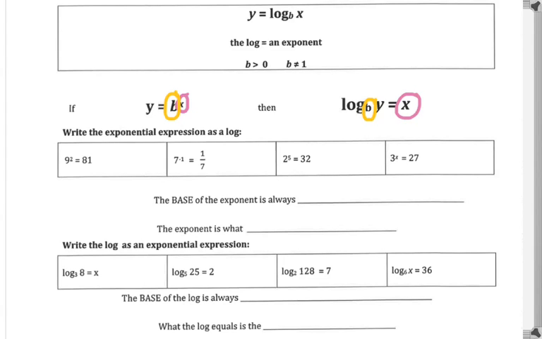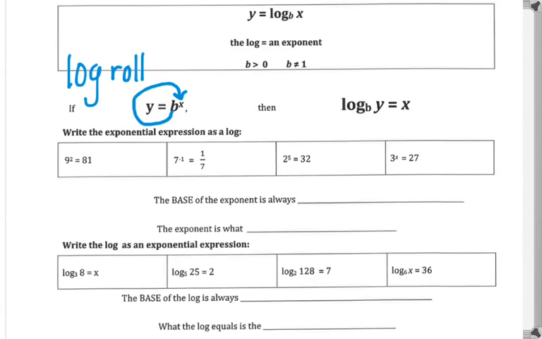The easiest way that I've ever seen to work with these problems is using a loop or a log roll. So what you're going to do to change from exponential to logarithmic or from logarithmic to exponential is start at your base, which is b here, go around the equal sign, and land next to where you started.